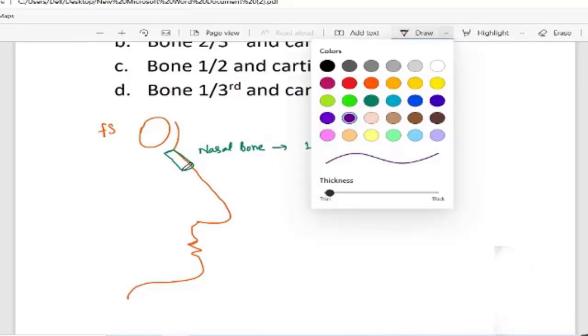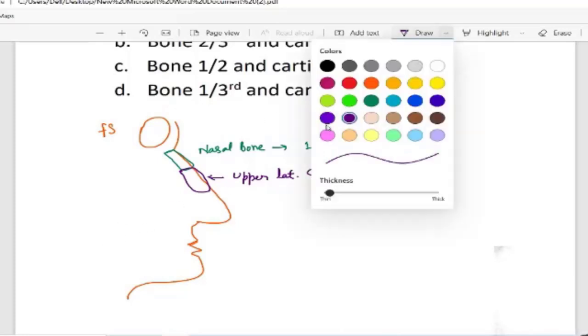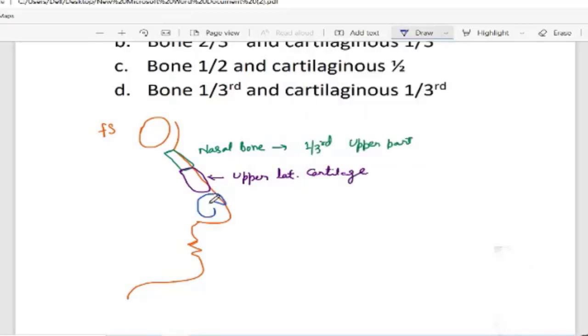Below the nasal bone lies the upper lateral cartilage. And below that is the lower lateral cartilage, or we can say the major alar cartilage.